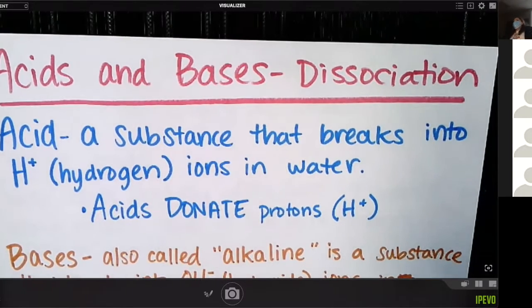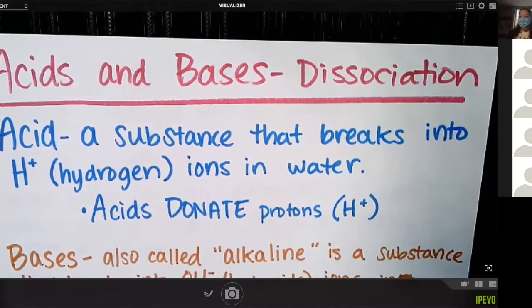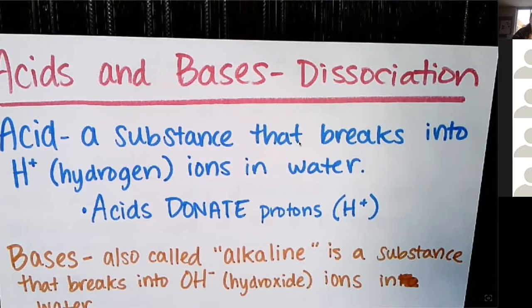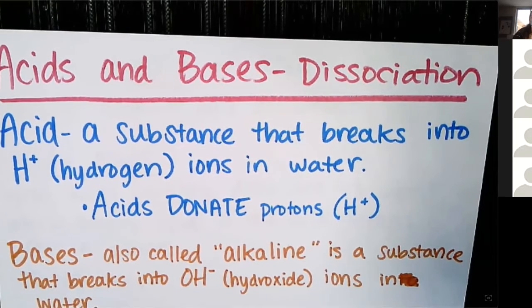All right, so this unit is about acids and bases. And today we're going to talk about something called dissociation, which we did talk about with solutions. However, it means something a little bit different here when we talk about acids and bases. So the first thing we need to do is talk about what an acid is and what a base is.